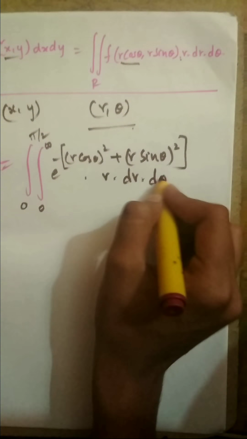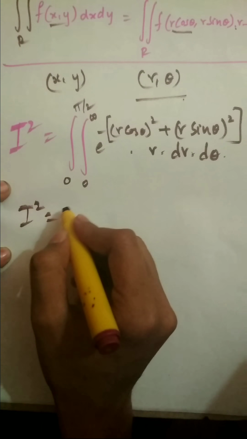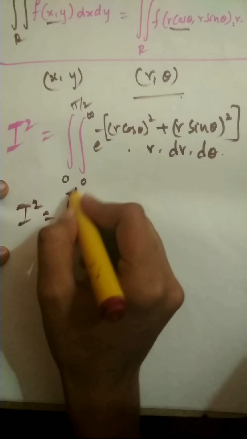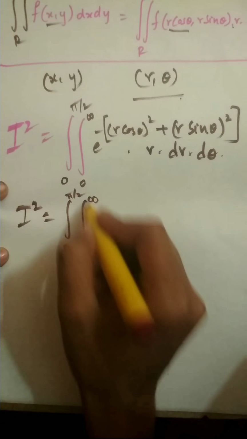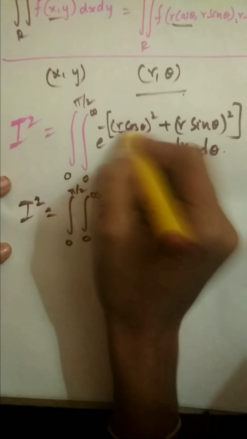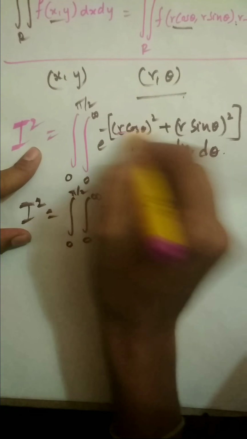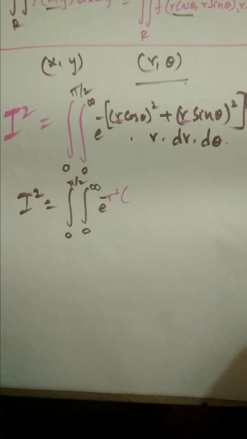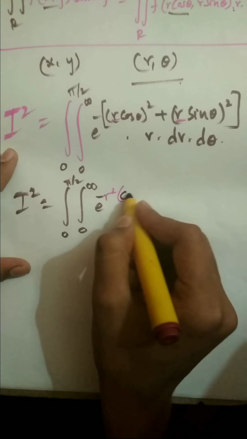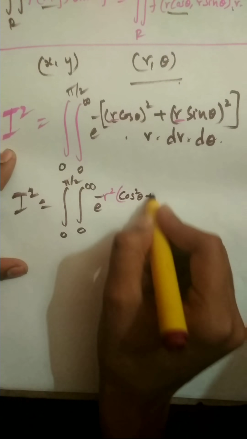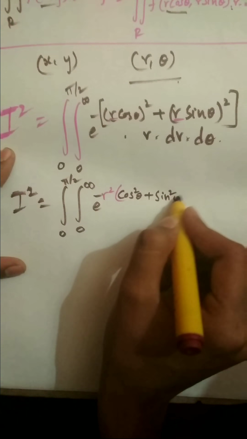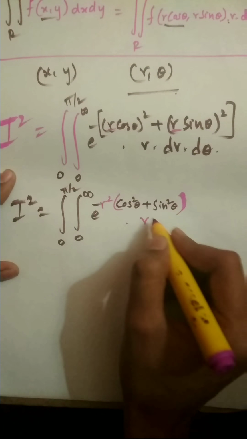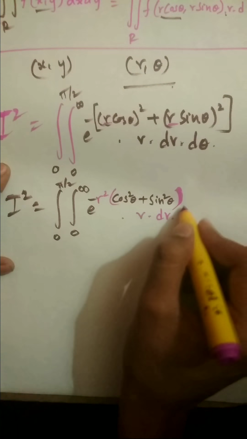This is nothing but I square is equal to the double integral of 0 to pi by 2, 0 to infinity, e power minus, taking r square as common, r square into the remaining terms cos square theta plus sin square theta, into r into dr into d theta.